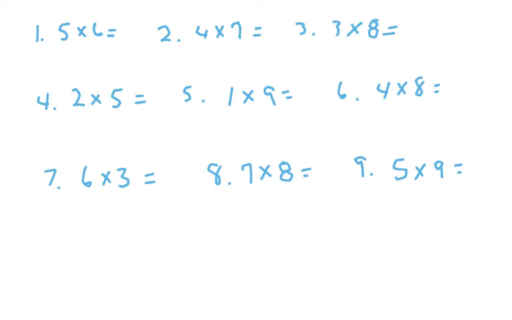Now I know that you did multiplication last year, and so some of these you probably already know because you've memorized them. You just know what the answer is going to be. So you can just write down the answers, or for those that you don't remember, build a model and find the answer. We've talked about several models, so if any of these you don't remember, you can build the model and find the answer.